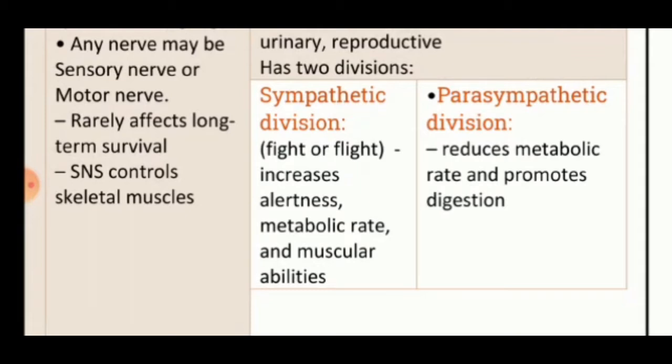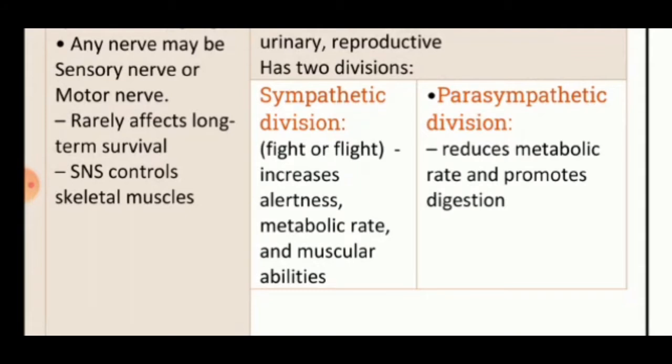So what is the difference between them? Sympathetic, which starts with S, is responsible for stress. So, during a fight or flight or a fear, I need my heartbeats to be faster to supply more oxygen to my organs, especially skeletal muscles.